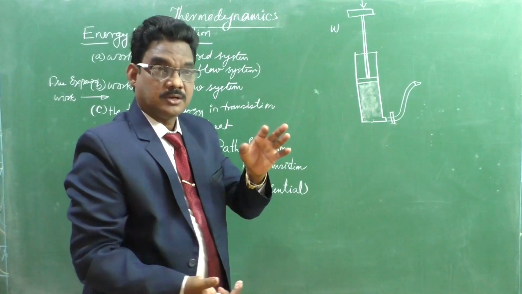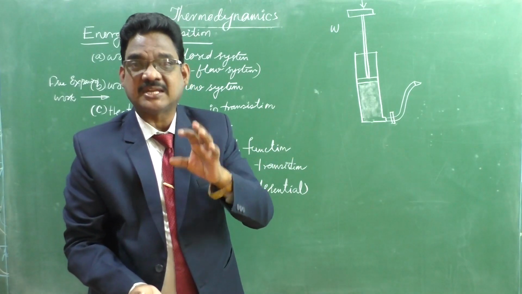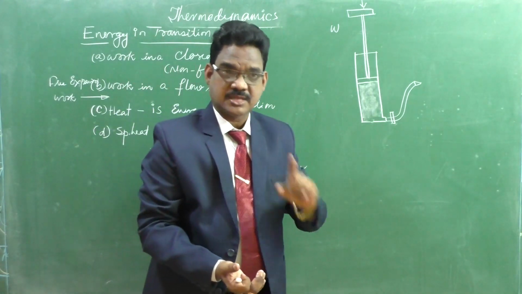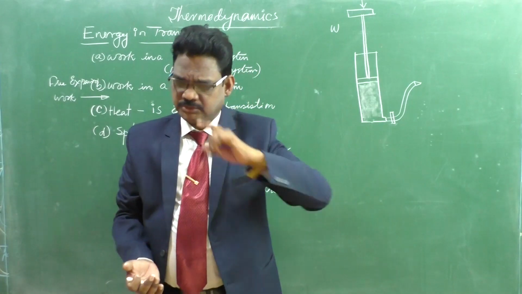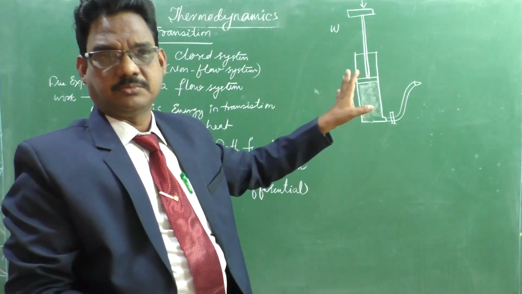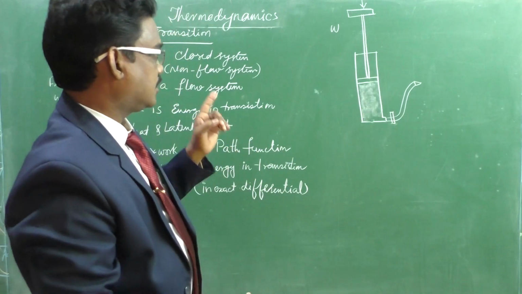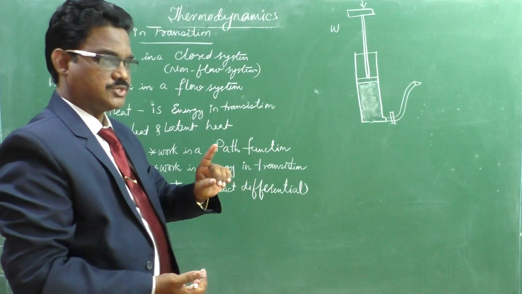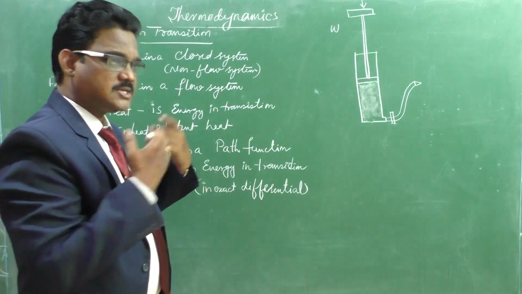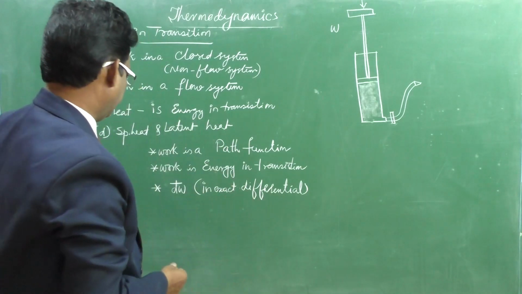Here we need to remember the sign convention. This sign convention is the same throughout the subject; it will not change. Every student should remember: work done on the system is negative, work done by the system is positive.